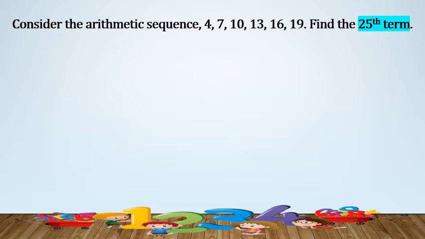Consider the arithmetic sequence 4, 7, 10, 13, 16, 19. Find the 25th term. Mahirap nga naman kung ililista natin isa-isa. O, dito na tayo sa mabilis na way, ang paggamit ng tinatawag na arithmetic sequence rule.